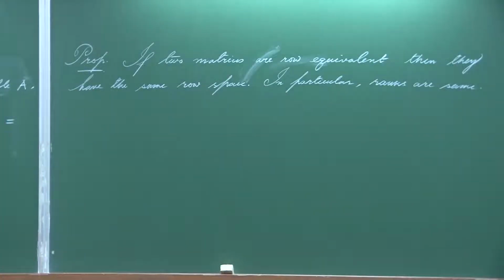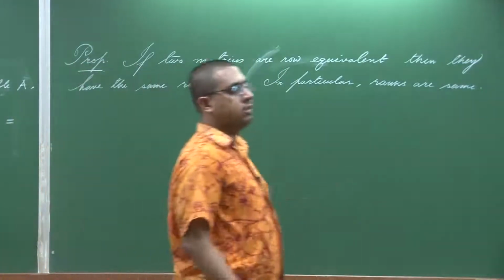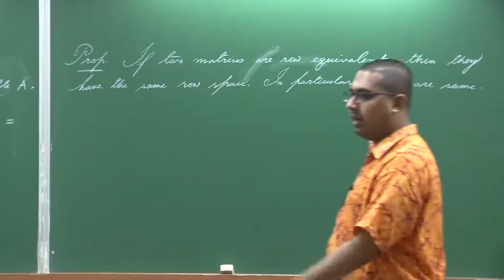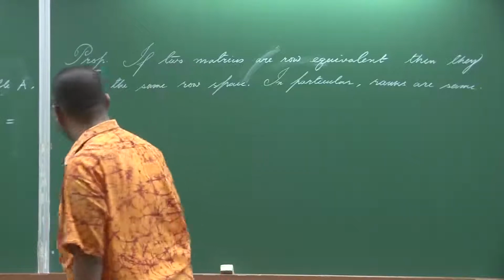When we say two matrices are row equivalent, that means starting from one, by applying invertible matrices we arrive at the other. So throughout this chain, the row space is never changed. So the row space to begin with and the row space we arrive at in the end must be the same.